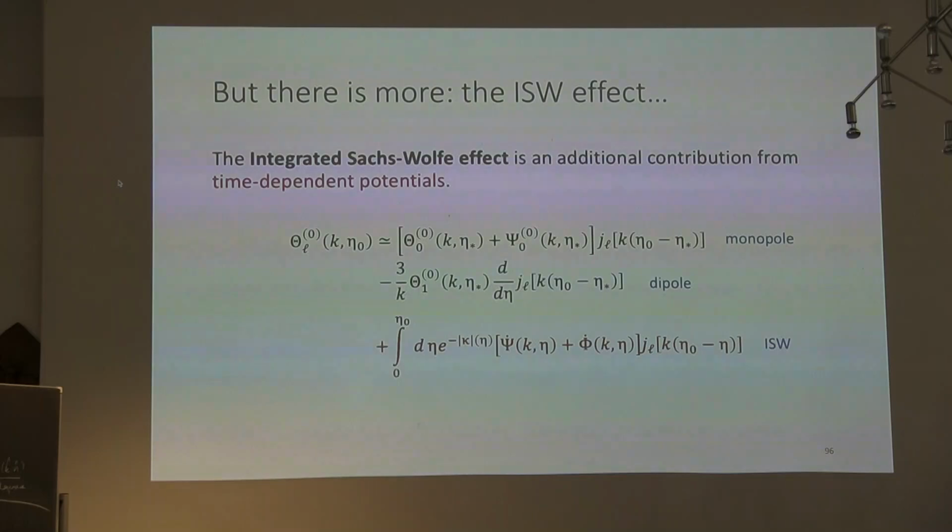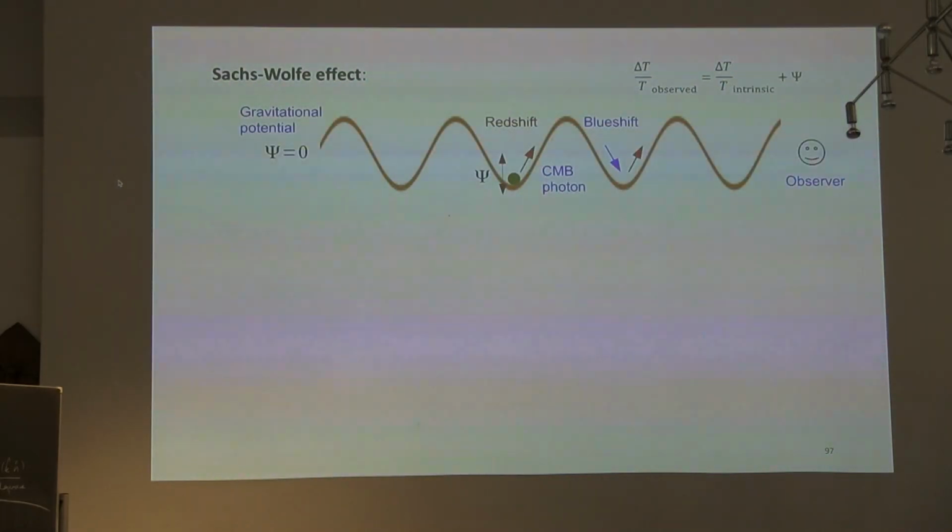Now, why do I have an ISW effect term? Well, it's quite straightforward. Before we go to ISW, let's look first at the Sachs-Wolfe effect. We already sort of talked about it before.